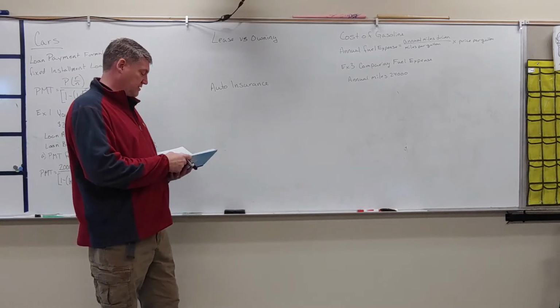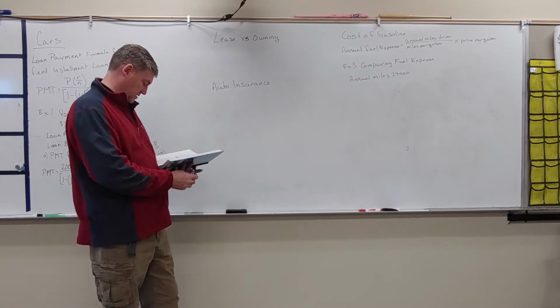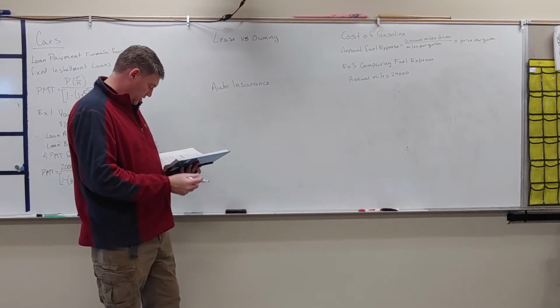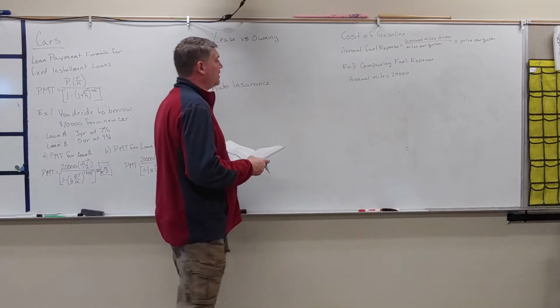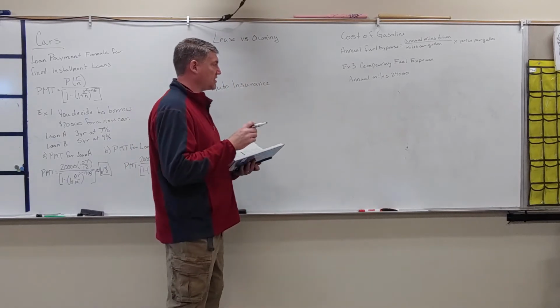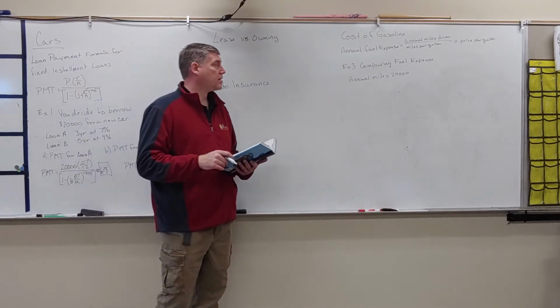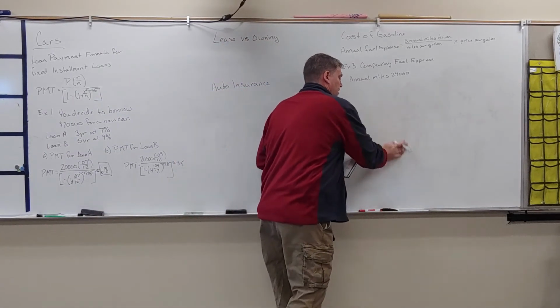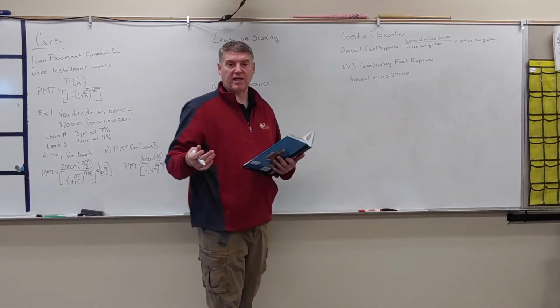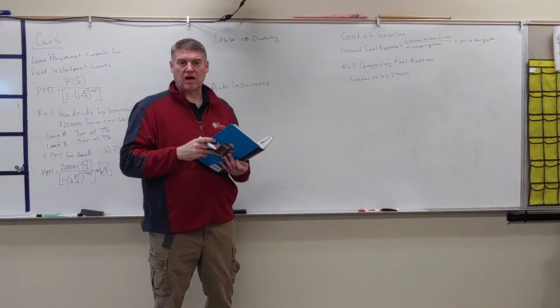So the last thing we're going to do is talk about cost of gasoline. Your annual fuel expense is going to be equal to the annual miles driven divided by miles per gallon times your fuel cost, so price per gallon. And I know that your price per gallon does change quite a lot.